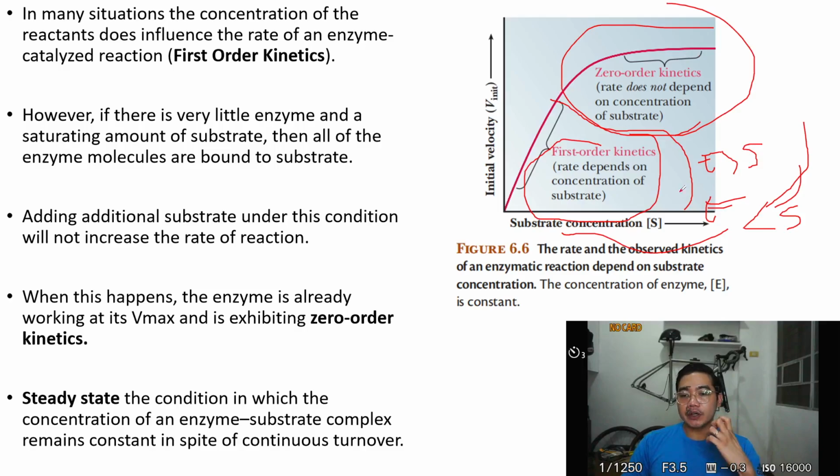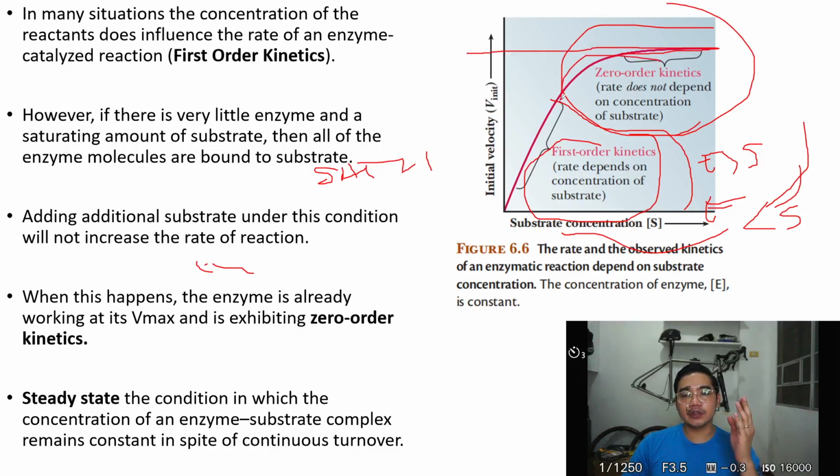Okay? Because we have what we call saturation. Meaning all the active sites of the enzymes in your body are already full of substrate. They are saturated already. So therefore, it can't proceed. It can't produce any more product because it has reached its limit.